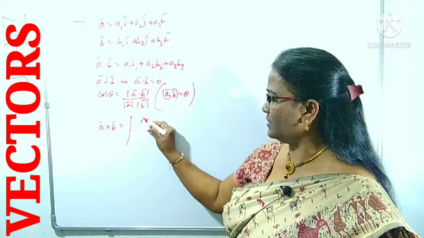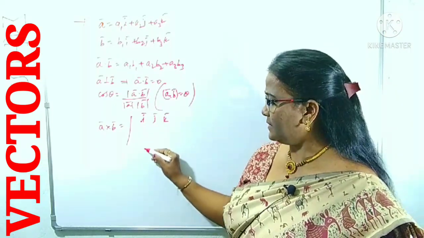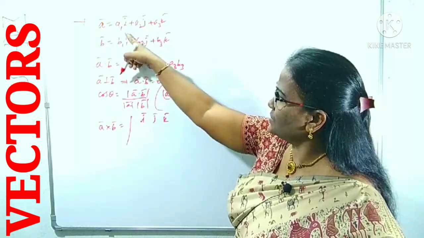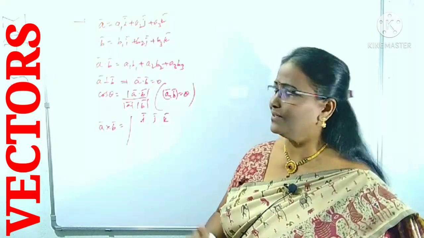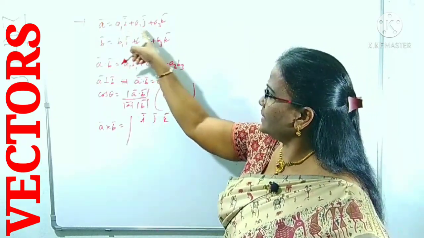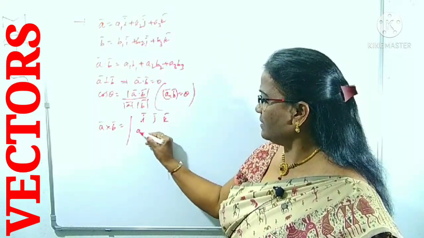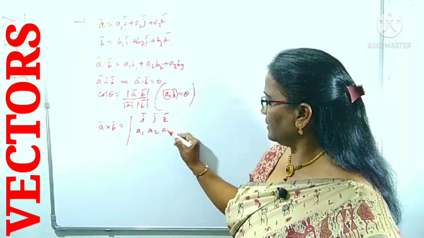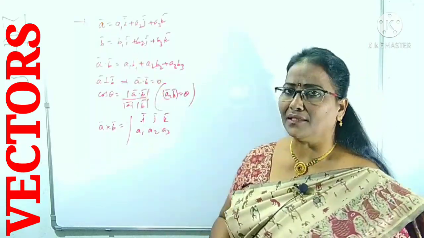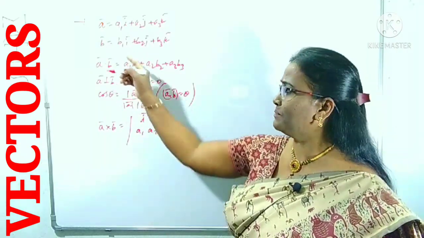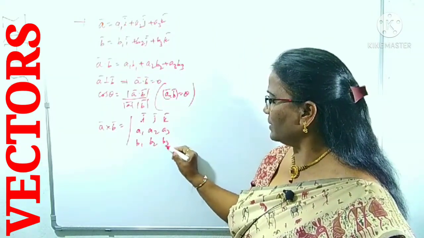In the determinant, the first row is i, j, k, and the second and third rows are filled with the coefficients of i, j, k from the first vector and the second vector. What are the coefficients from vector A? Yes, A1, A2, A3, which we take as the second row. In the same way, we collect the coefficients of i, j, k from B: B1, B2, B3.